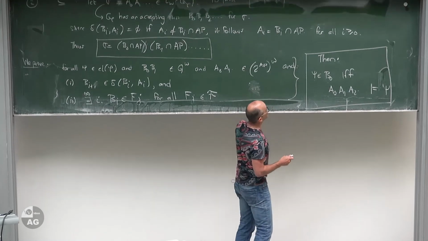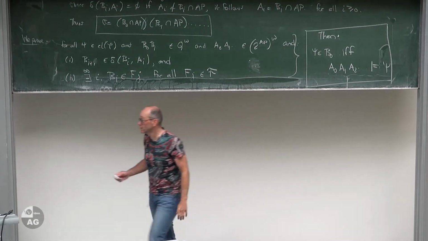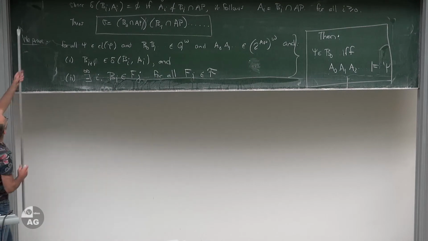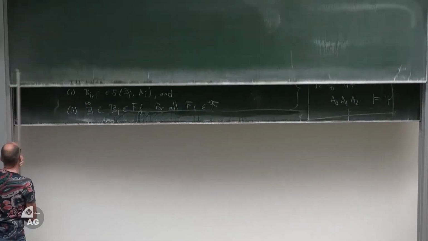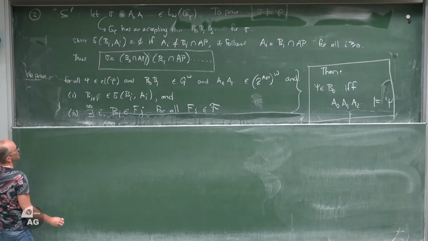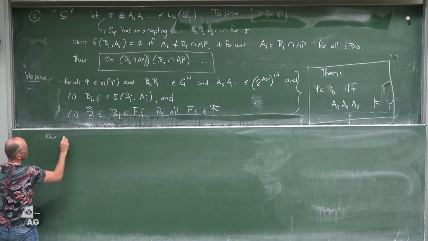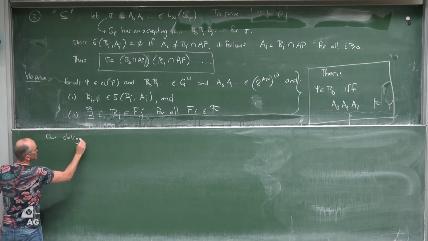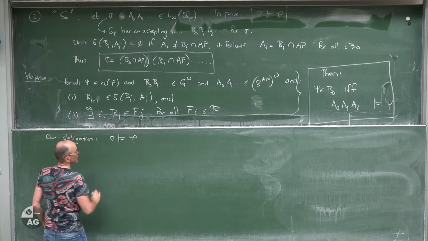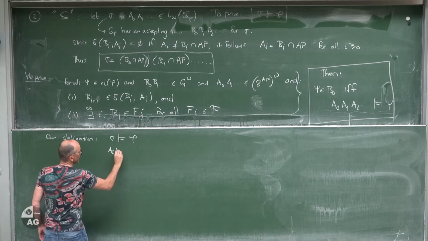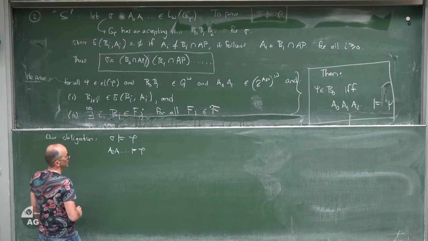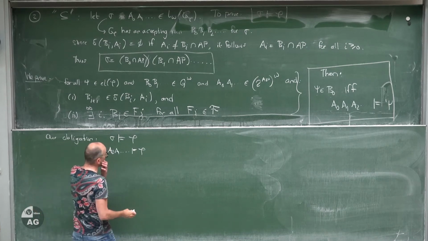Yeah, so interpret this as follows. Maybe I write it down to make this clear. So our obligation is: sigma satisfies phi. This is of the form A0, etc. satisfies phi. Yeah. Provided we can prove the claim.